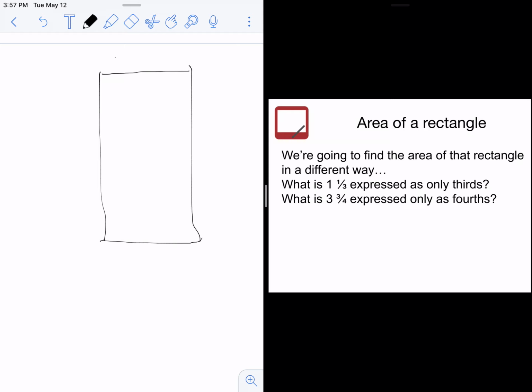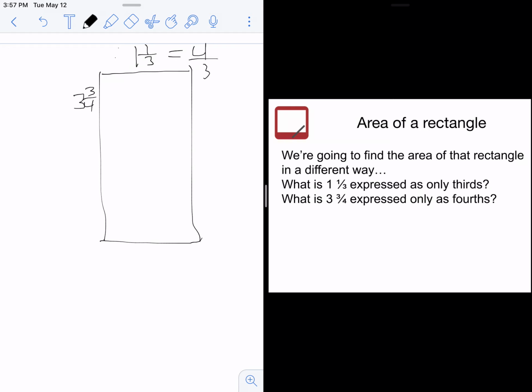Okay, 1 1/3, 3 3/4 is that side. So what is 1 1/3 expressed only as thirds? 4/3, right? So this is the same as 4/3.